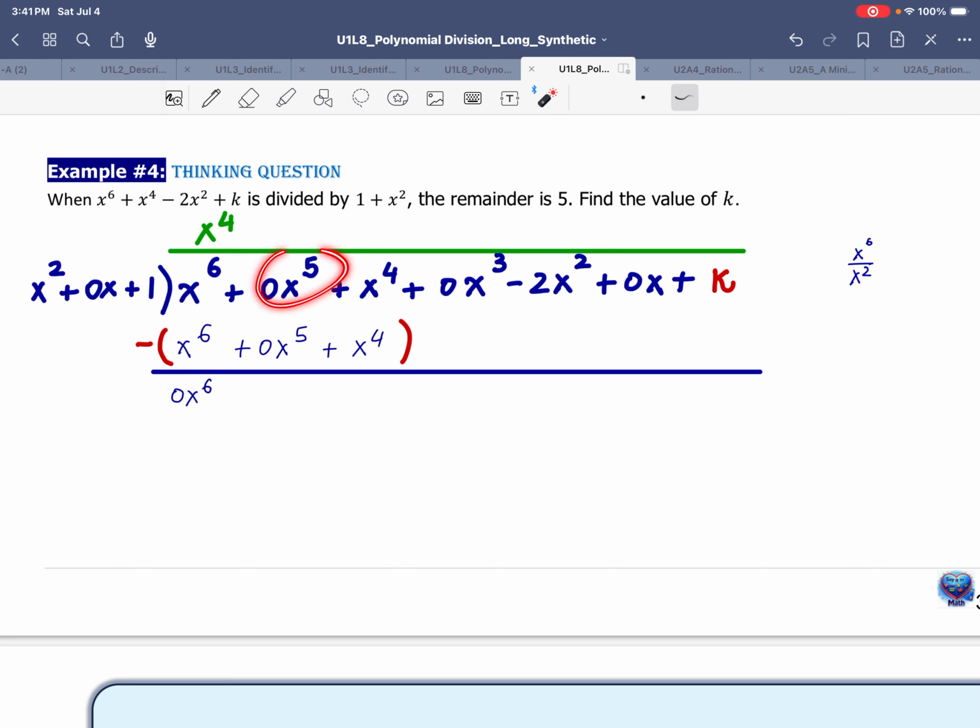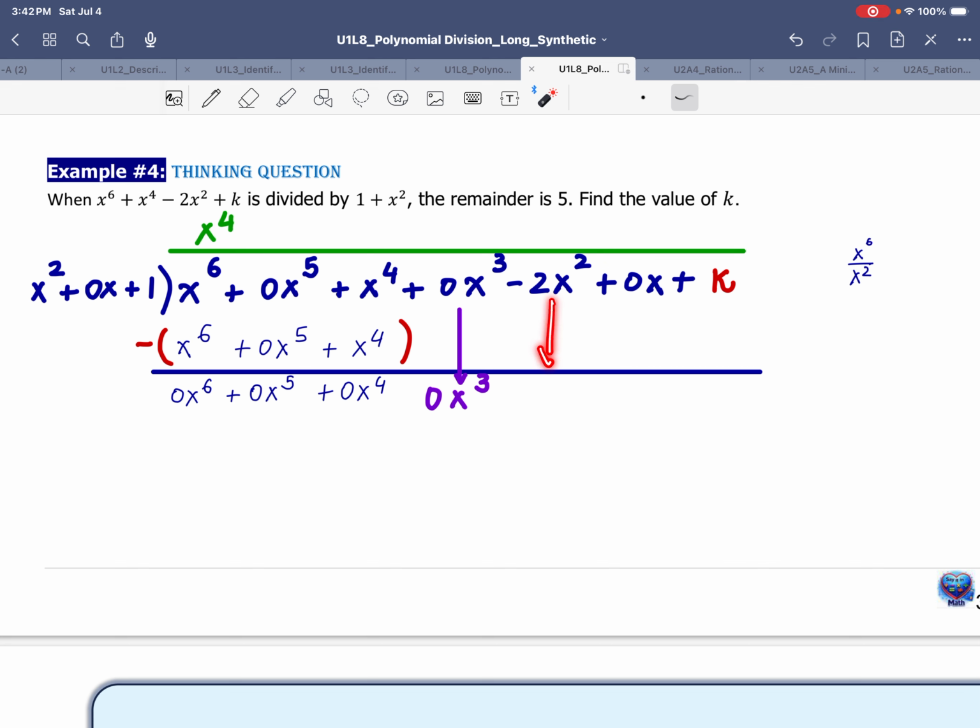Now 0x^5 minus 0x^5, there is 0x^5 as well. I'm going to use the sign plus, it doesn't really matter if it is plus or minus. And we have x to the power 4 minus x to the power 4 is 0x to the power of 4. We're going to bring down the next terms. Now notice that our next term will have a coefficient of 0. So if we have a coefficient of 0, there is not much that we can work with because x squared won't go into 0x cubed.